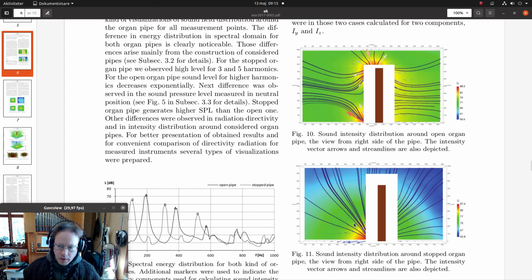However, with open pipes, you have to be really careful, because if you end up right in the middle of the pipe, you might have the situation where frequencies are actually cancelling out, because you have both from the mouth and from the top, and right in the middle you might have some frequencies that actually cancel out. So that is something to keep in mind also when you are placing the microphones, or to listen for.